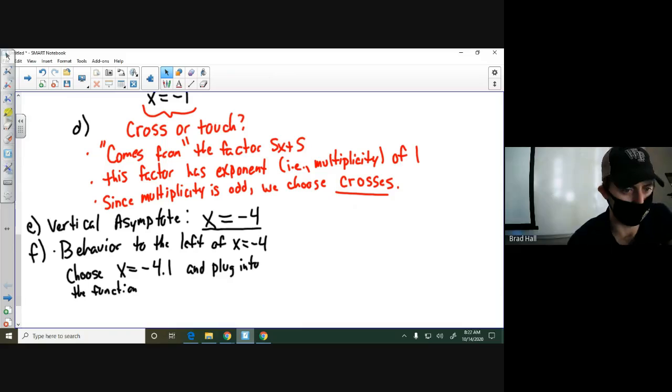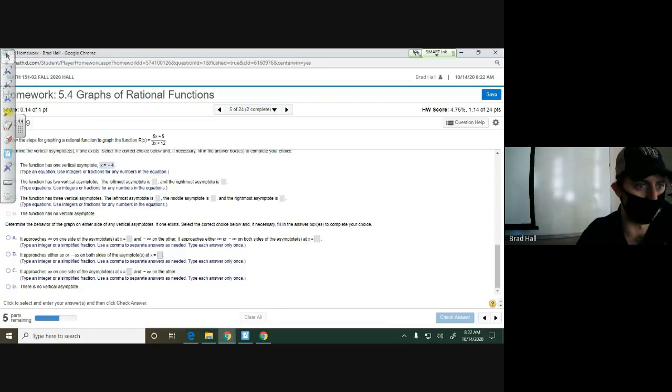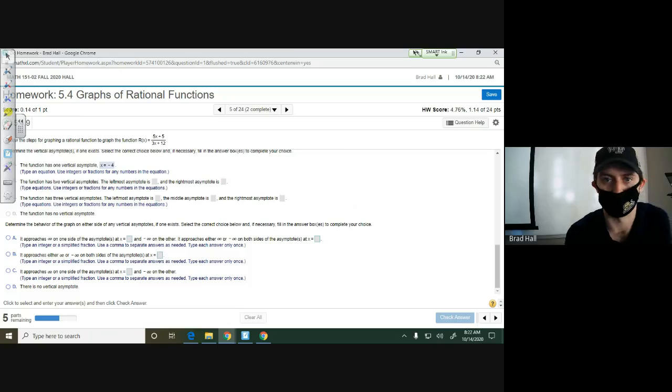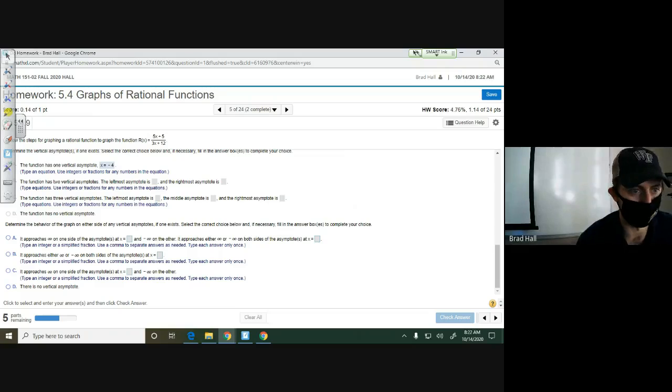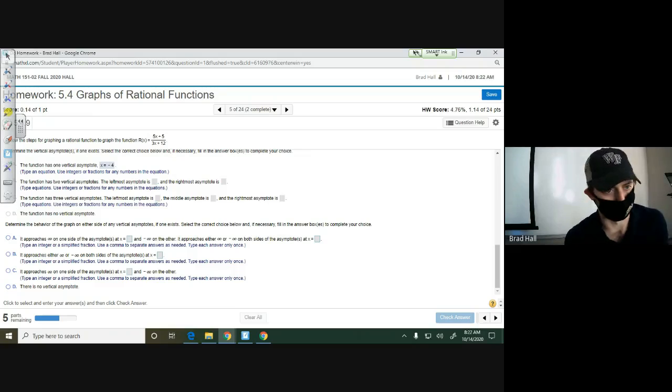This will give us an idea as to whether the graph is going upwards or downwards. The function that we had was 5x plus 5 over 3x plus 12. What we're now going to do is plug in 4.1 for every x value and see what we get.